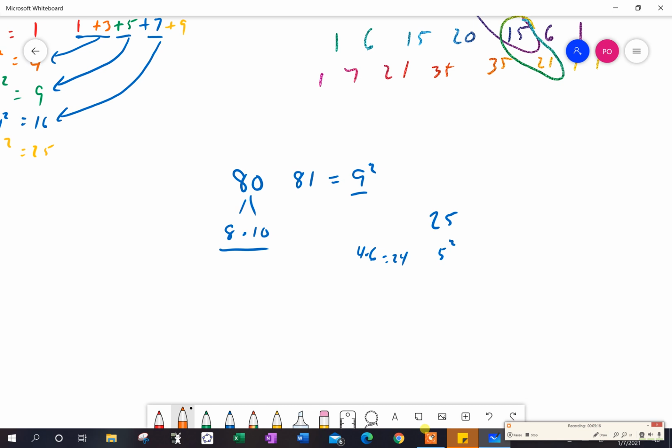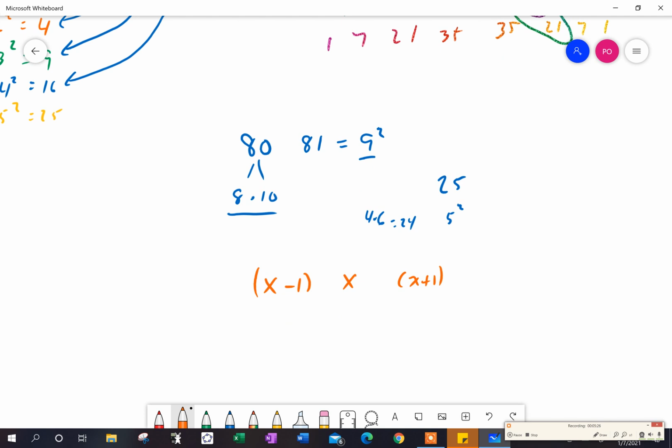So if I had x minus 1, that's the number before x, and then the next number would be x plus 1. So if I squared x, I'd make it x squared. But that would mean that I'd have to multiply these two, which is x minus 1 times x plus 1.